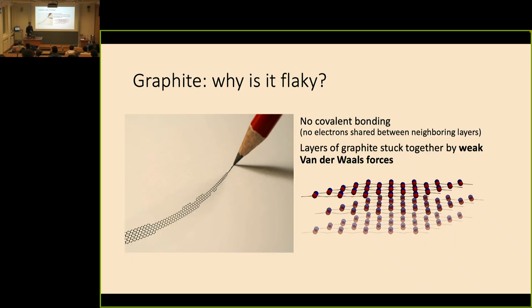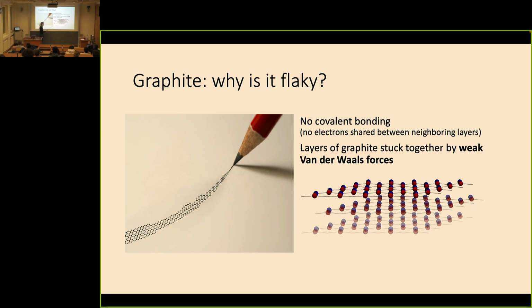So one of the things that we actually use graphite the most for is that it's flaky. In other words, when you use a pencil, you literally use the fact that when I touch graphite, pieces of it fall off all the time. And that is because when you make these layered structures, unlike diamond, which had the same structure in all directions, here there's really a difference between in-plane and out-of-plane.